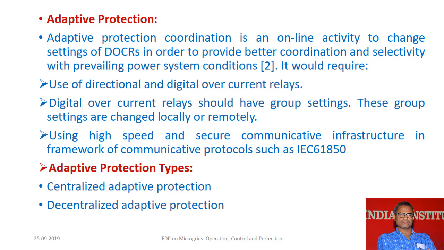One is centralized, the other is decentralized. Decentralized means at different nodes we have computational devices which get the information and give the signal. Centralized means we have a central protection system where all the information comes in and they give the signal.